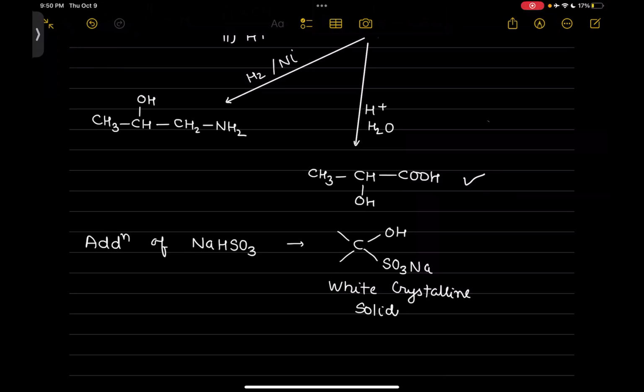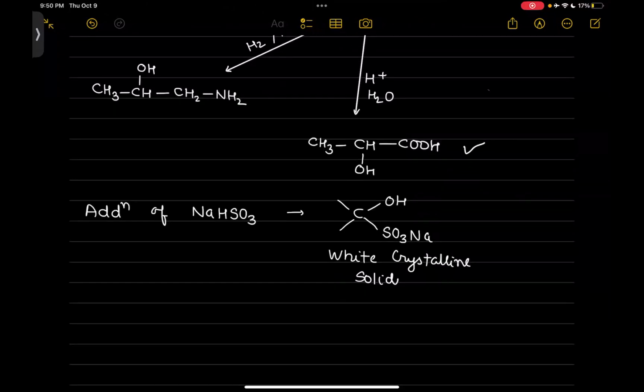This product is a white crystalline solid. Its characteristic is important for us, because if the reaction takes place and the product is formed, we can make out by the reaction mass turning into a white crystalline solid. This name is sodium bisulfite adduct.